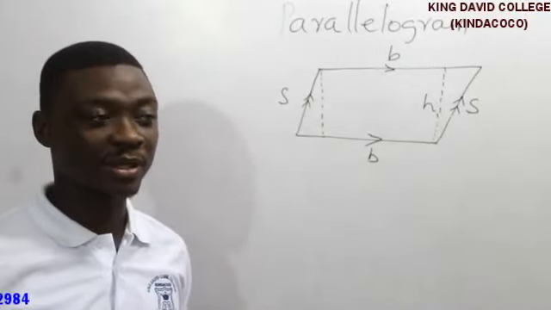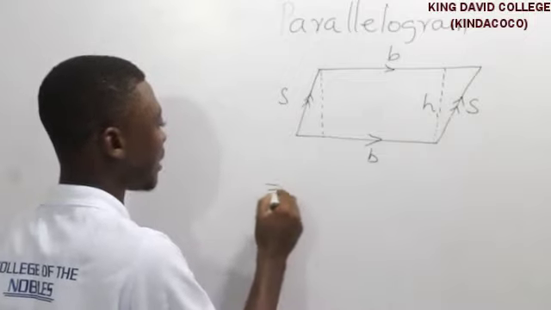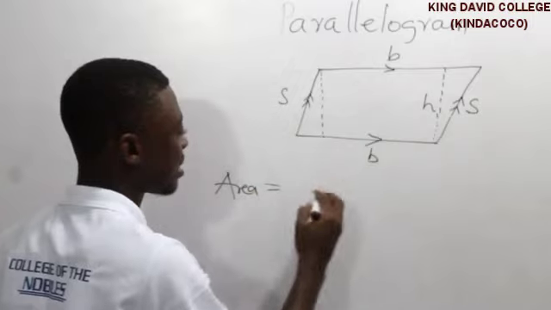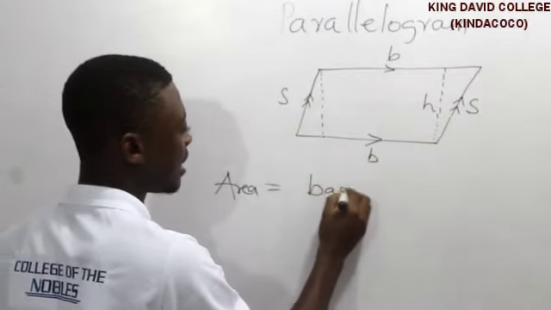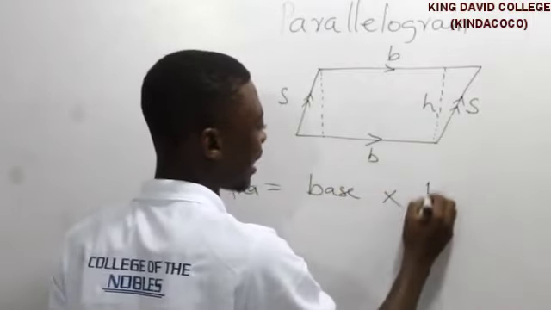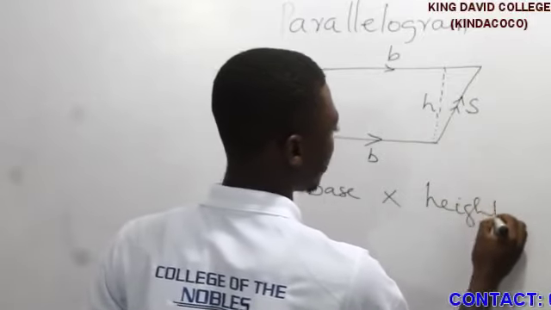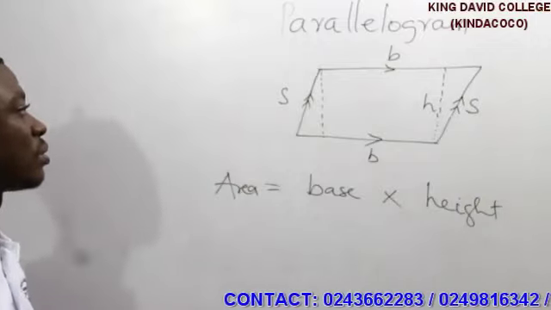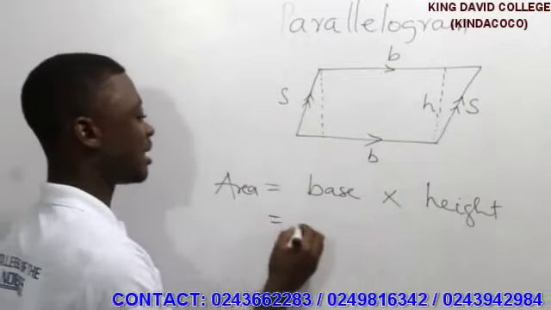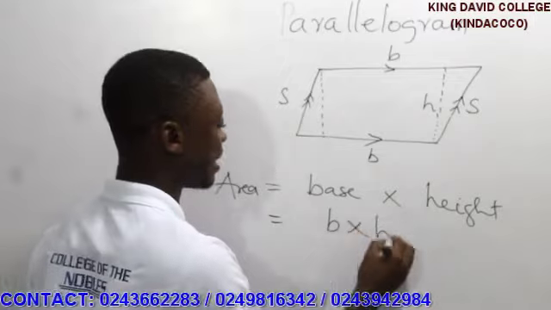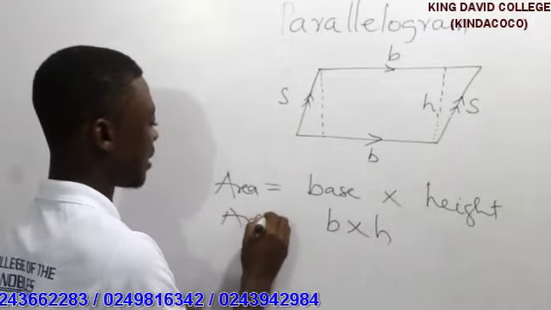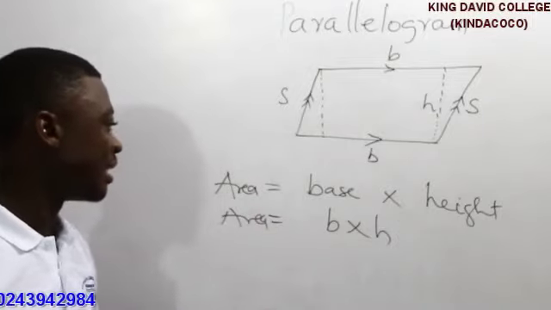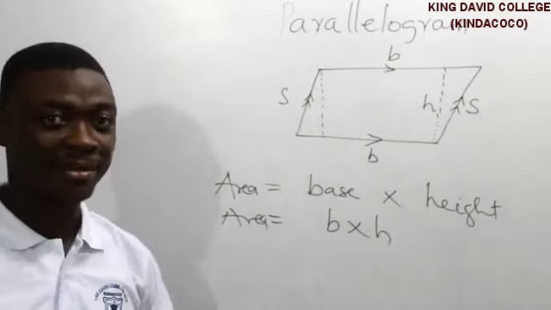So the area is equal to the base, which is B, times its perpendicular height, H. So the base times the height. In symbol notation, the area of a parallelogram is going to be B times H.